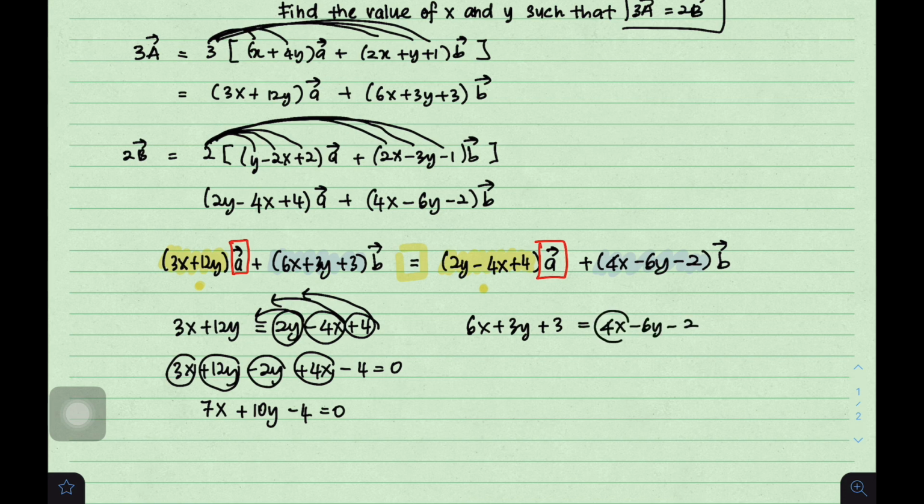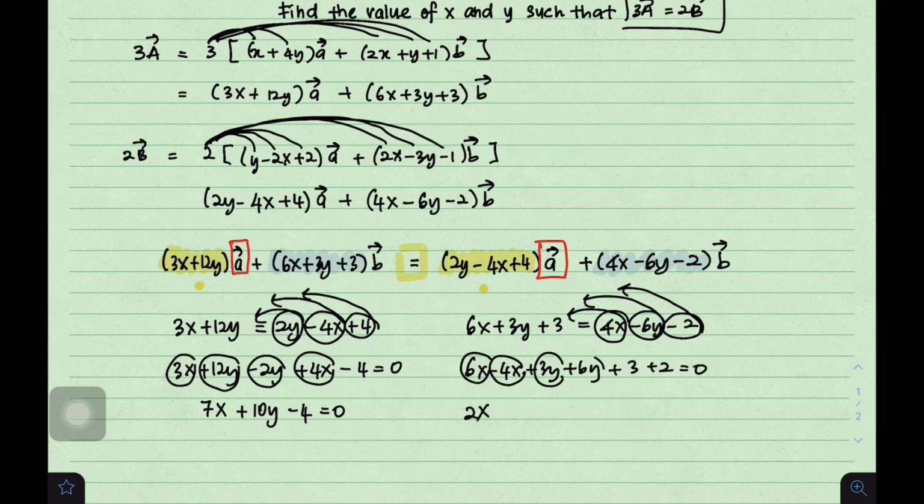Again, we move every one here to the left. Okay, so what you will have here is 6x minus 4x plus 3y plus 6y plus 3 plus 2 equal to 0. So 6x minus 4x is equal to 2x. Okay. 3y plus 6y is equal to 9y. 3 plus 2 is equal to 5, so 2x plus 9y plus 5 is equal to 0.